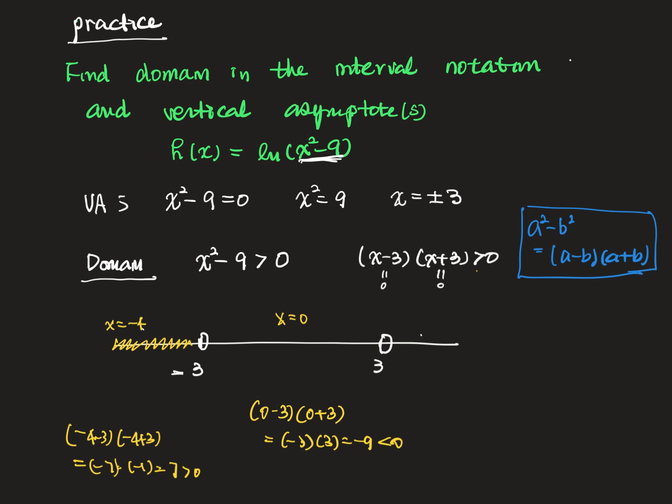That's not satisfying this inequality. So x equals 4: 4 minus 3, 4 plus 3, that's 1 times 7, greater than 0, so you take it. So the domain is negative infinity to negative 3, union 3 to infinity. That's the domain of this logarithmic function.